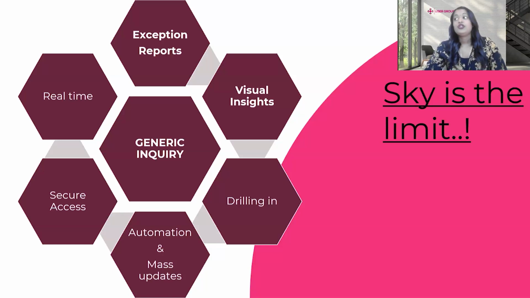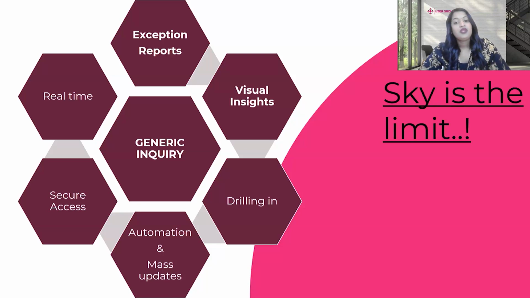Drilling in, as I said, generic inquiries are very versatile. They can be something so simple as providing you with a list of particular employees, for example, or particular stock items, or they can be your foundation so that you can build on top of that. You can go to dashboards and have that ability to drill down.